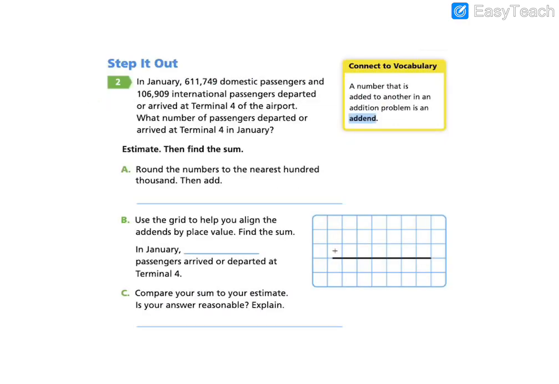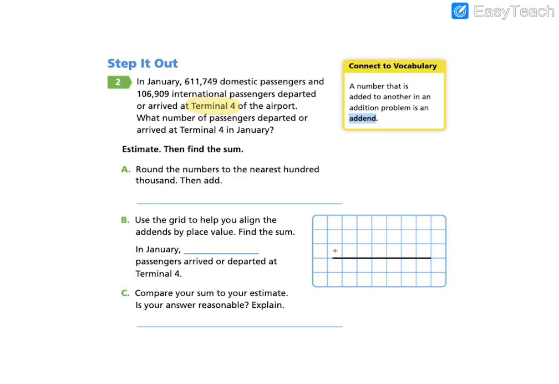So now let's go ahead and look at our next problem. In January, 611,749 domestic passengers and 106,909 international passengers departed or arrived at Terminal 4 of the airport. What number of passengers departed or arrived at Terminal 4 in January? When it's talking about a terminal in an airport, that's a location of the airport.